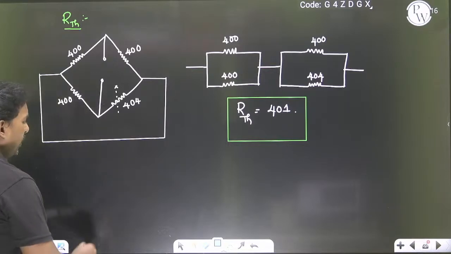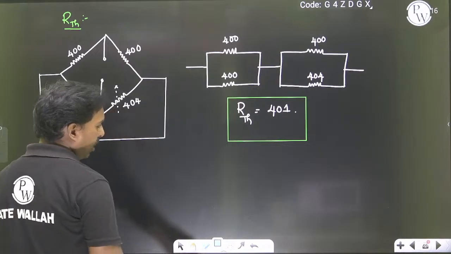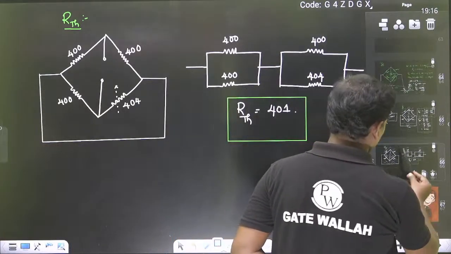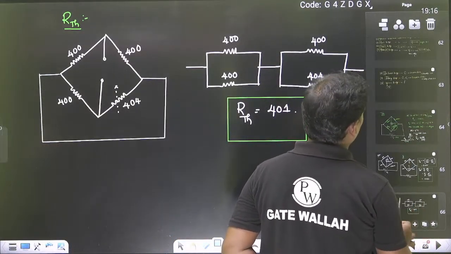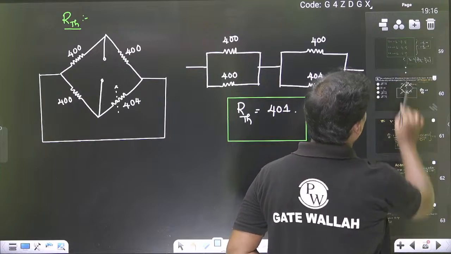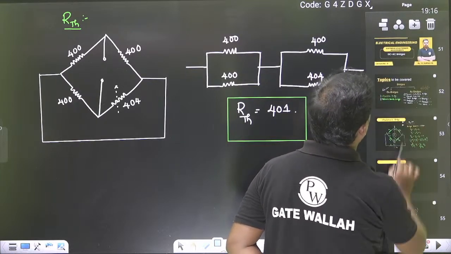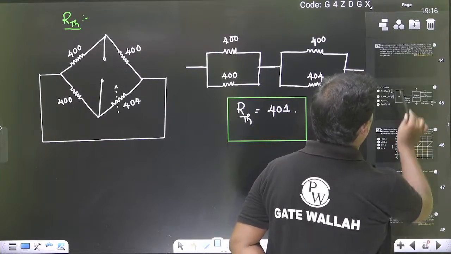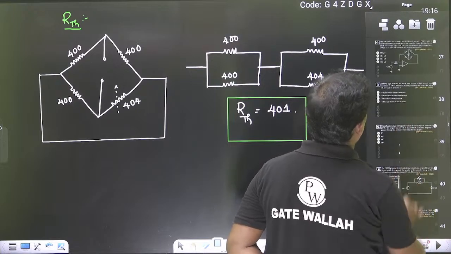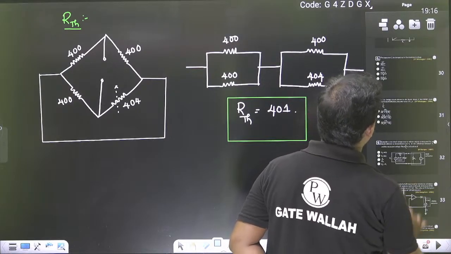So now we got the V Thevenin's and R Thevenin's. We can calculate the I Thevenin's, the current. The galvanometer current we can calculate. What is the galvanometer current that we can calculate?